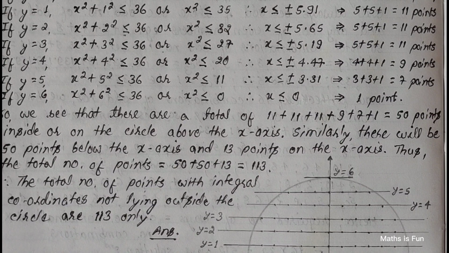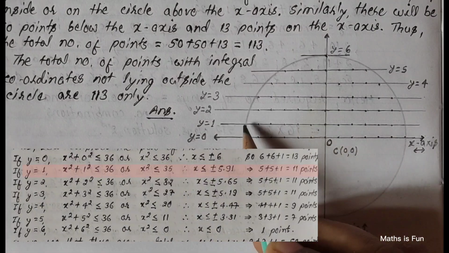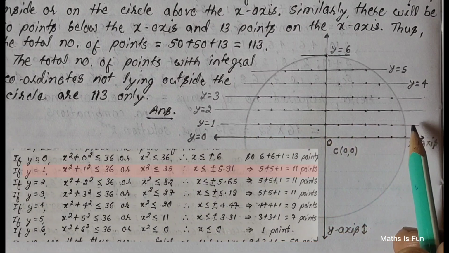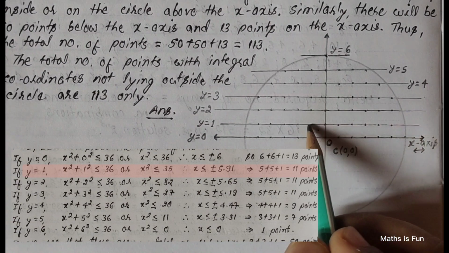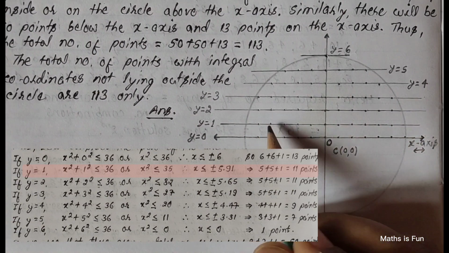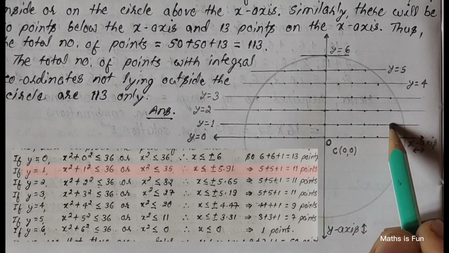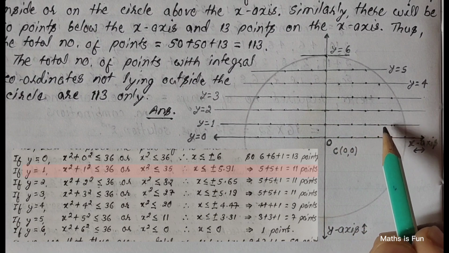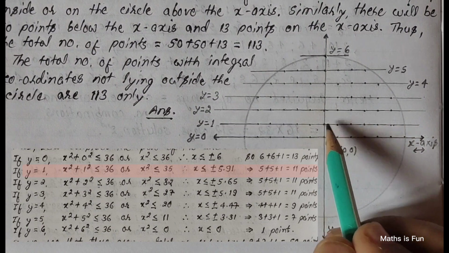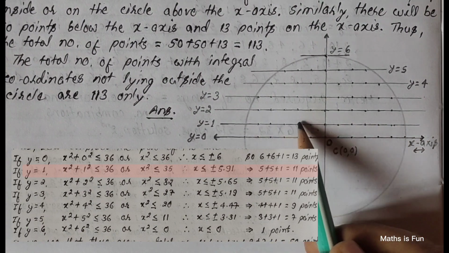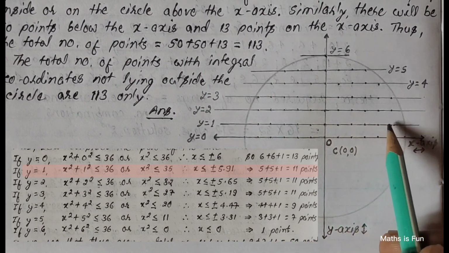Now, having found our answer as 113 points which do not lie outside of the circle, let's go to the proof. On this y equals 1 horizontal line, we have 1, 2, 3, 4, 5 points to the left of the y-axis, and 1, 2, 3, 4, 5 points to the right of the y-axis, and 1 point on the y-axis. So a total of 11 points.